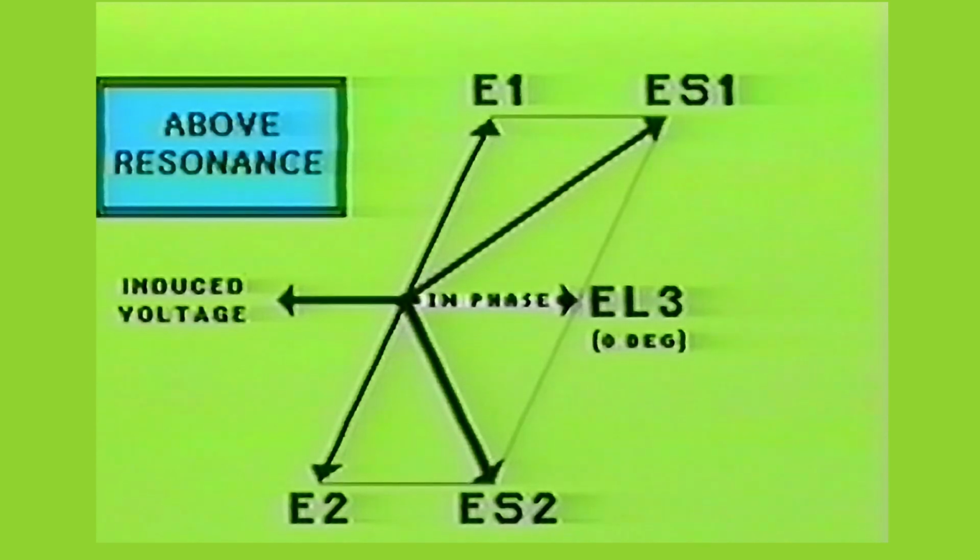This causes the circuit to act more like a coil, which means the induced voltage and the secondary current are no longer in phase. This results in the secondary current lagging the induced voltage by a proportional amount. By now, you should have noticed the difference in length between vector sums ES1 and ES2. ES1 has the greater length and therefore the greater voltage drop.